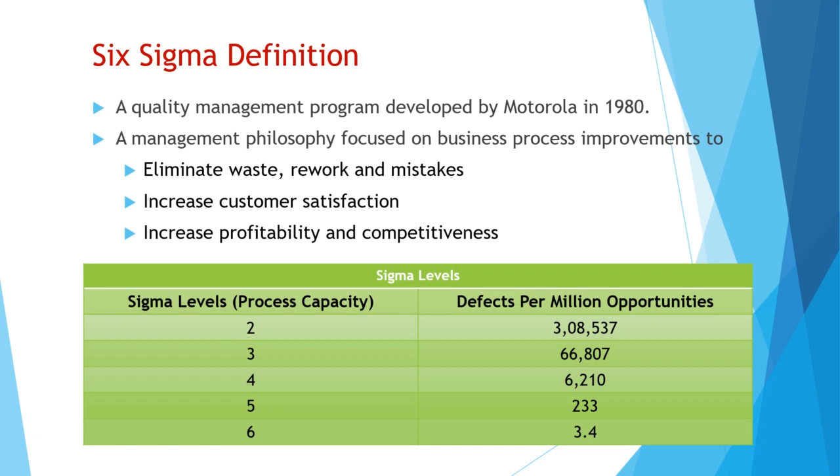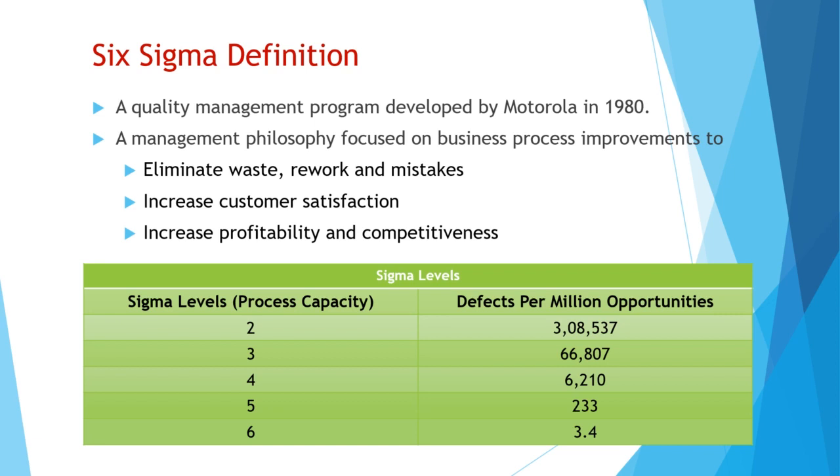So another definition is it's a management philosophy focused on business process to improve, eliminate waste, rework and mistakes, increase customer satisfaction, increase profitability and competitiveness. See the different levels. In second level, the defects per million opportunities is approximately 308,537.